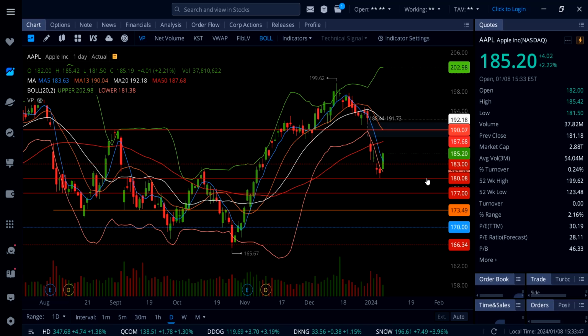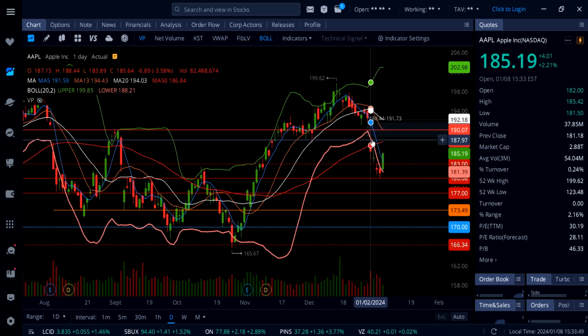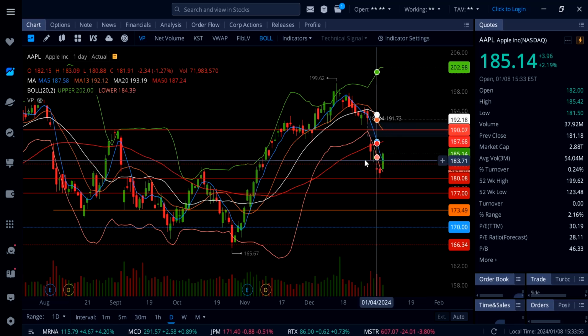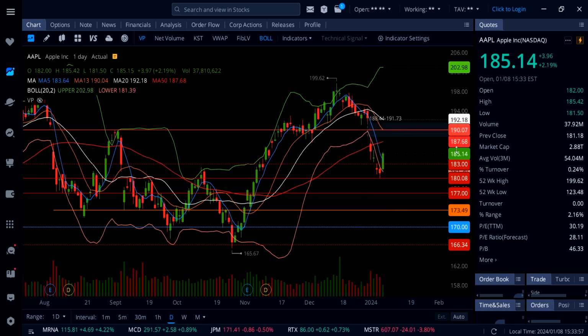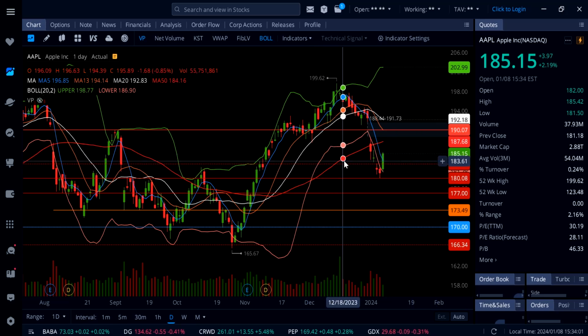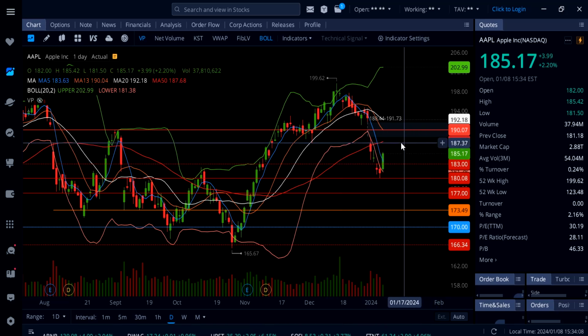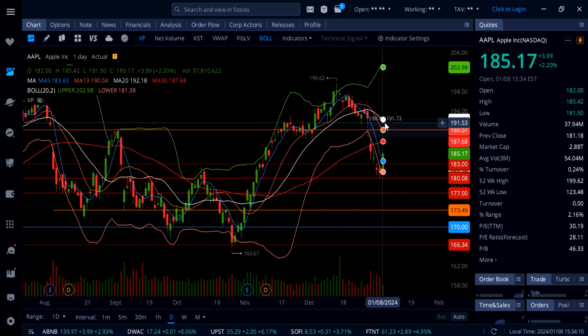Now going into tomorrow on Apple stock, you want to watch this support down here, 183.64, and to the upside, the next stop 187.68, the 50-day moving average, and above that you're going to see Apple going all the way up to 190 and possibly even closing this gap here on top, 191.73.